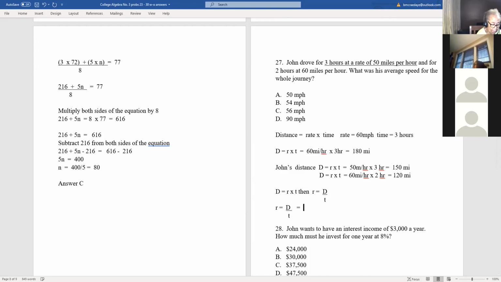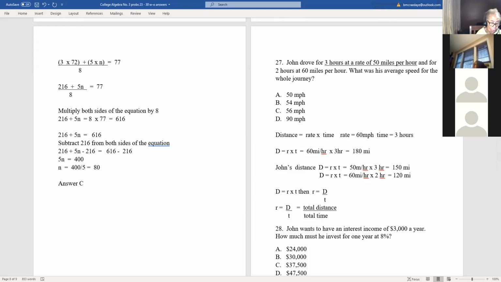I'll just write it in words here. Total distance divided by total time. Total distance divided by total time. So the total distance is going to be that 150 plus the 120.